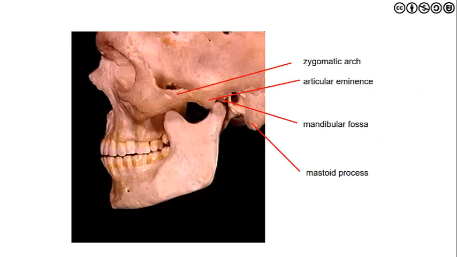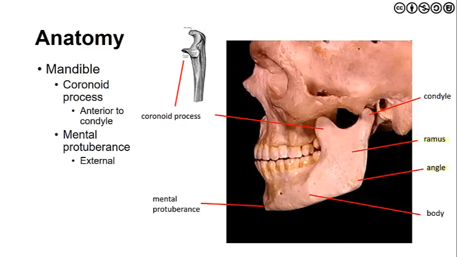Here we can visualize a little bit closer the zygomatic arch that comes around into the articular eminence. We also can see posteriorly the mastoid process, which lies just posterior then to the TMJ. Now, the mandible itself has, again, the coronoid process that is anterior to the condyle, right?